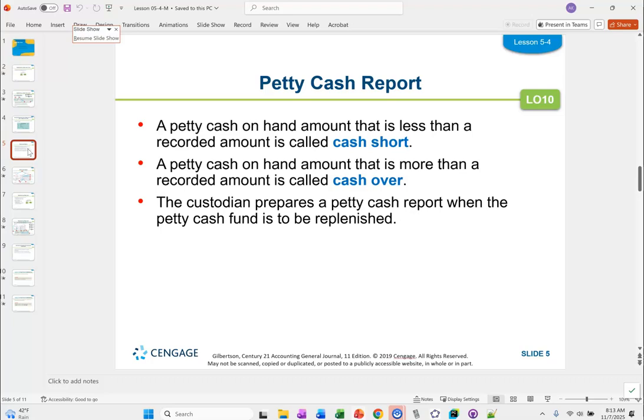The custodian prepares a petty cash report when the petty cash fund is to be replenished. The custodian there, we don't mean the janitor. We just mean who's in charge of the petty cash box.